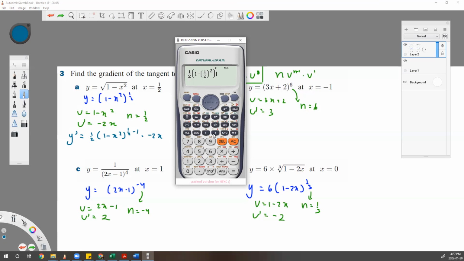Close the bracket, power half minus 1, times -2 times x, where x is half. And you get the exact answer, -0.58.